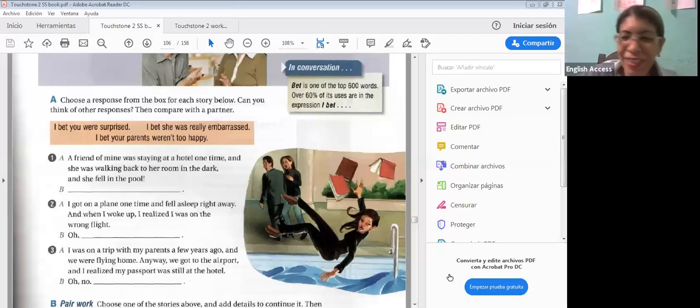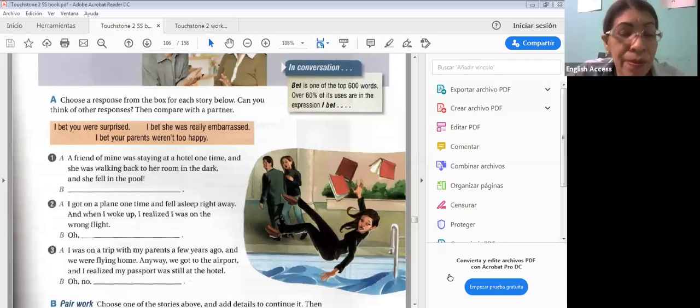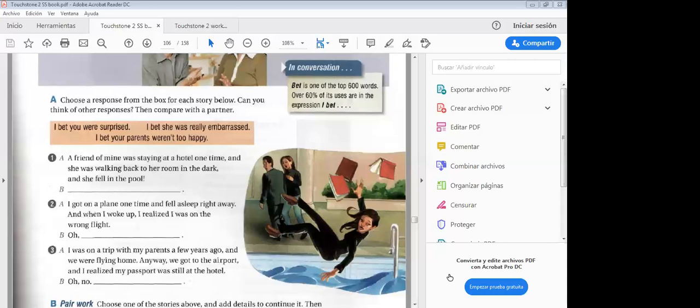Number one. A friend of mine was staying at a hotel one time and she was walking back to her room in the dark and she fell in the pool. I bet she was really embarrassed. Embarrassed. Okay, number two. I got on a plane one time and fell asleep right away. And when I woke up, I realized I was on the wrong flight.